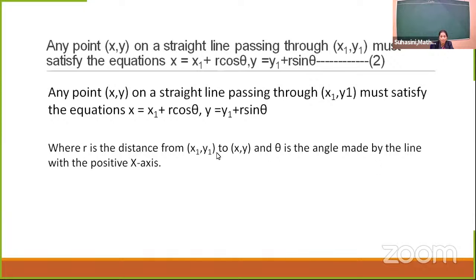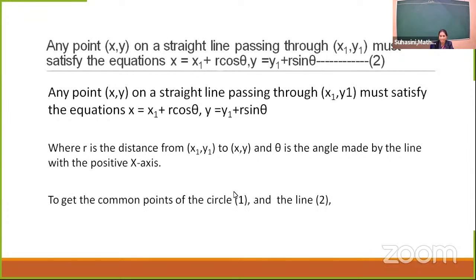What is (x1, y1), children? Our point P. What is (x, y)? Let it be A now. And theta is the angle made by the line to the positive direction of the x-axis.